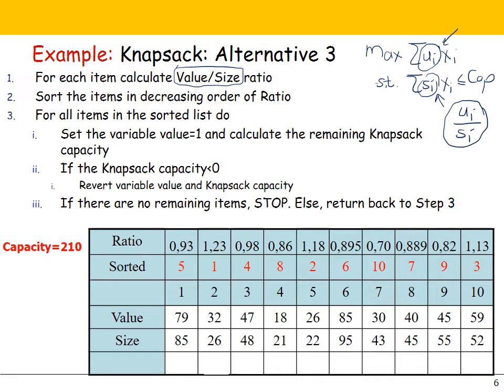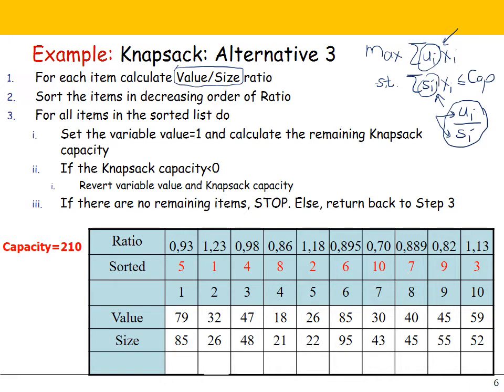Largest one means that it has larger utility because it is in the numerator, and it has smaller size because it's in the denominator. You can think about this ratio with this statement: we are trying to place the item which has the largest utility per unit size.